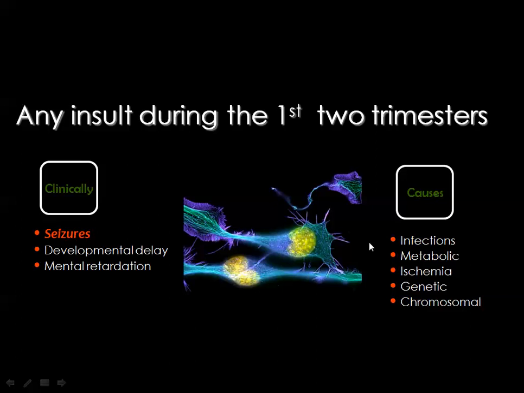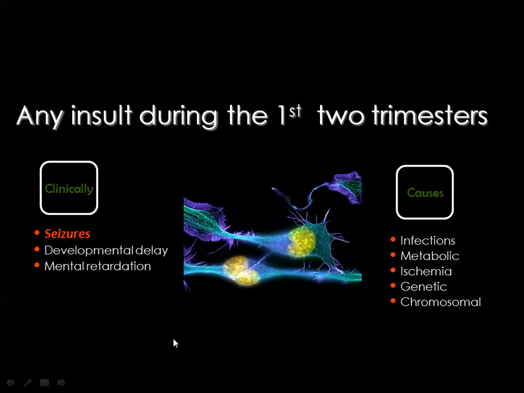One of these insults or more than one of these insults can result in abnormalities in the neuronal migration and proliferation. So a collective group of diseases will result, and they have specific imaging criteria, and also they present clinically by specific symptoms.